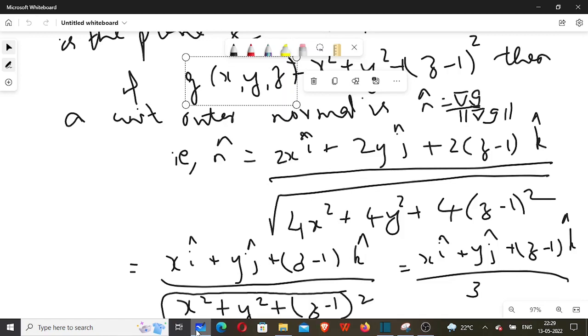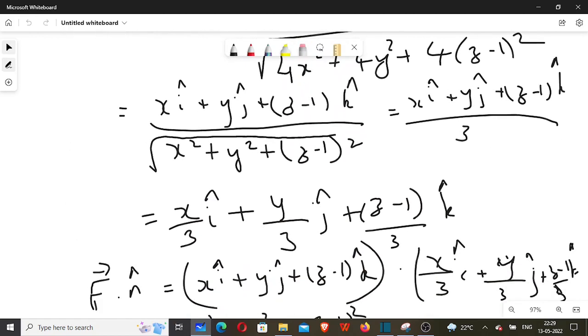We can cancel the term 2 from numerator and denominator; from the denominator the square root of 4 is 2. So after cancelling we get (xi + yj + (z-1)k) divided by the square root of (x² + y² + (z-1)²), which is equal to (xi + yj + (z-1)k) all divided by 3.